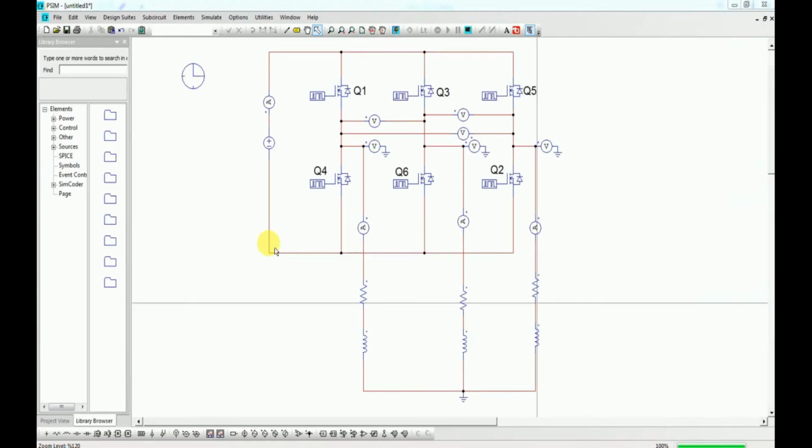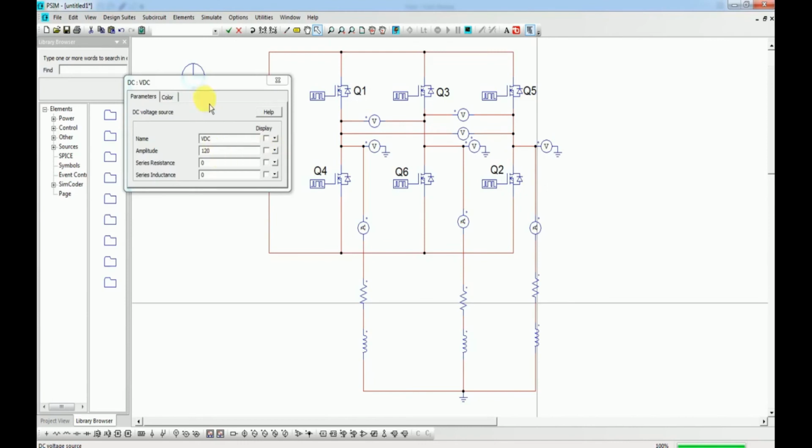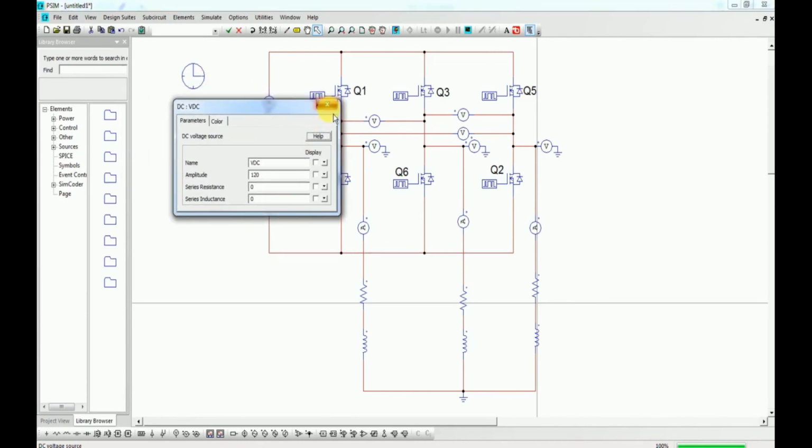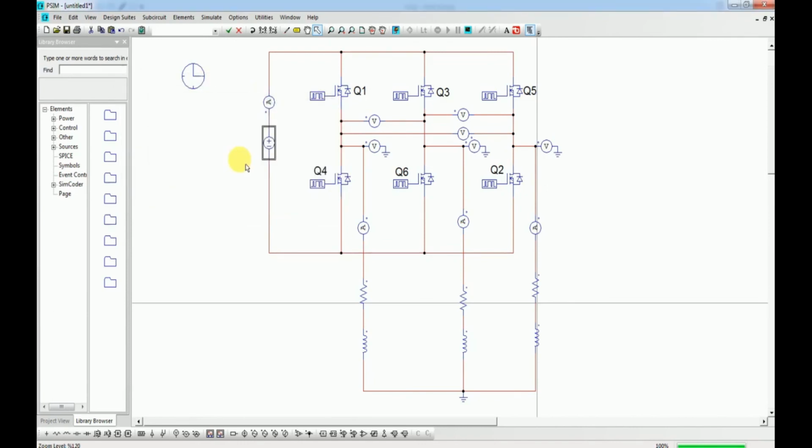I have developed a three-phase inverter with 6 switches named Q1, Q3, Q5 connected on the high side, and Q4, Q6, and Q2 connected on the low side. To make things clearer, I have made VDC equal to 120 volts, so that we can visualize the line to ground voltage of 2 by 3 VDC and 1 by 3 VDC with more clarity.